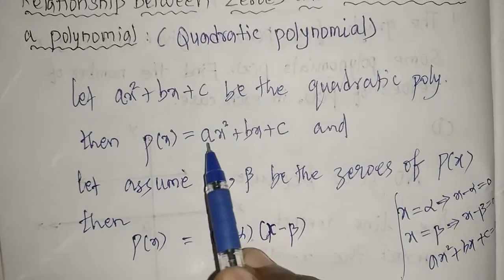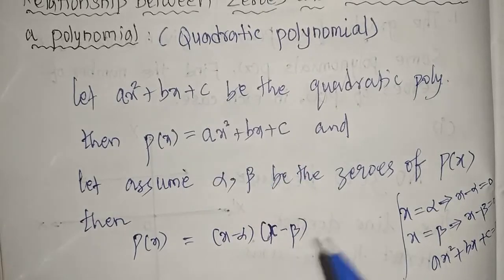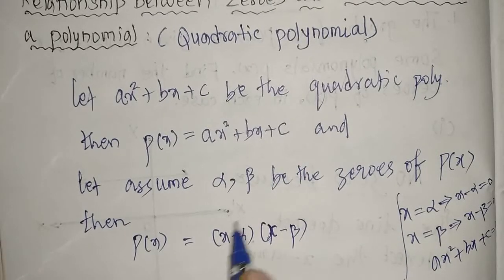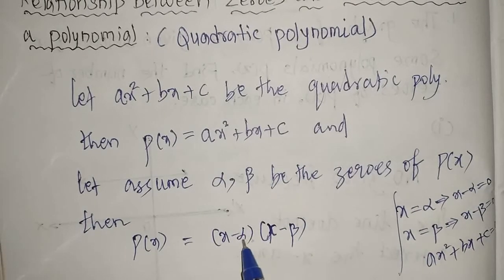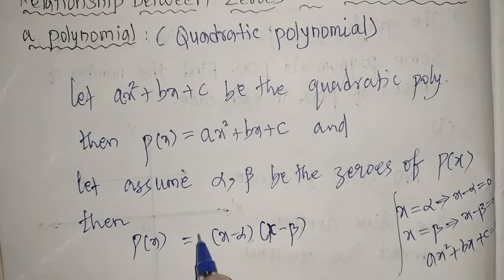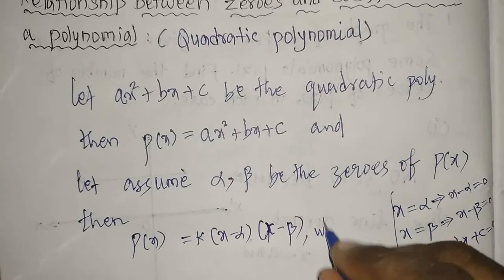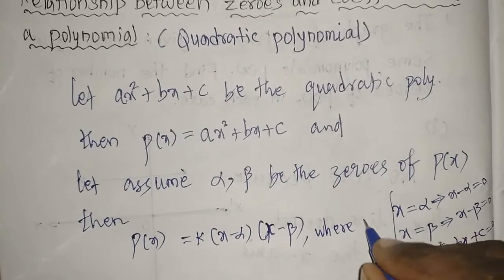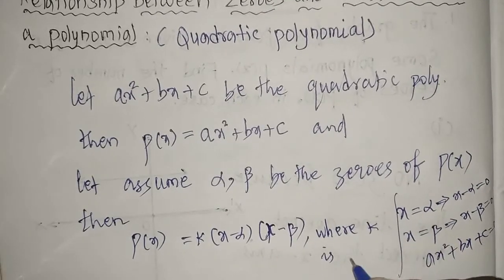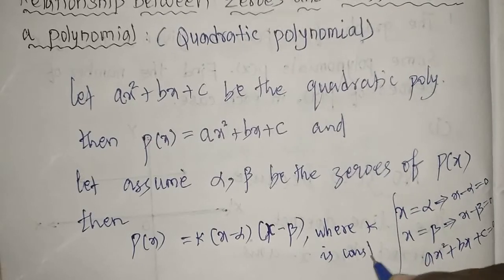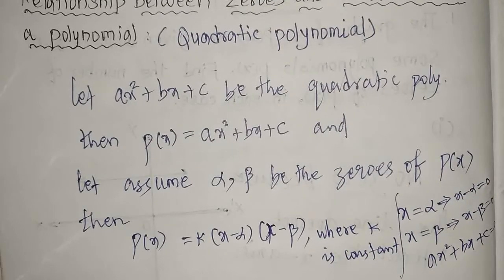Here we have constants a, b, c, but here we don't have anything. We have only alpha and beta, so I am going to take some constant k, where k is a constant I assumed.